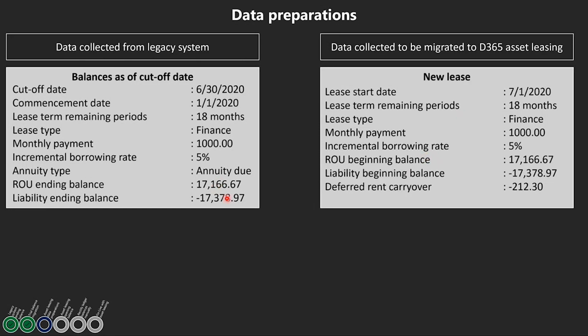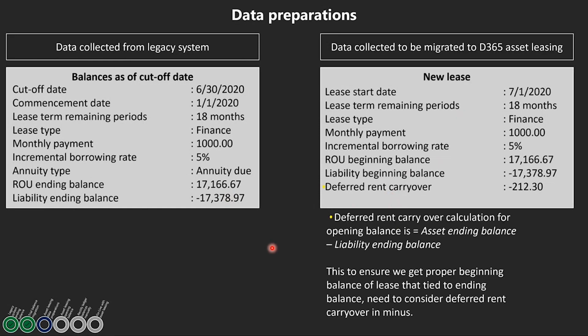Because in Dynamics 365 Finance, we do not have specific fields to define the opening balance of the leases, we will need the system to calculate the beginning balance of the asset and liability using the logic of the module. Here we will need to use the deferred rent carryover, so we need to calculate the amount to enter in it. This will be the asset ending balance minus the liability ending balance.